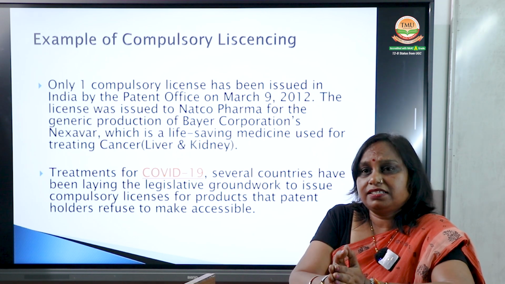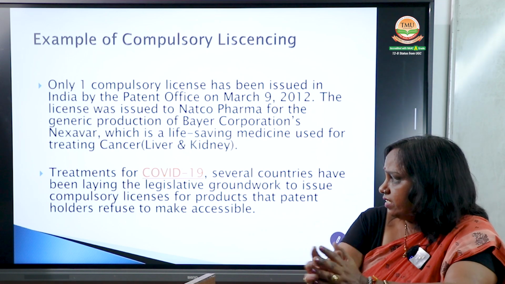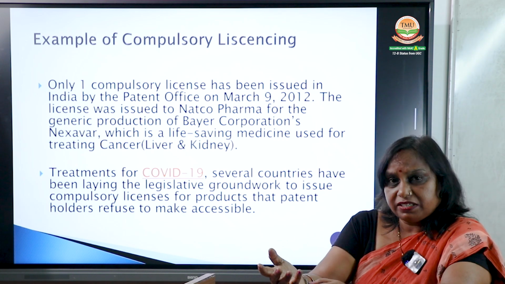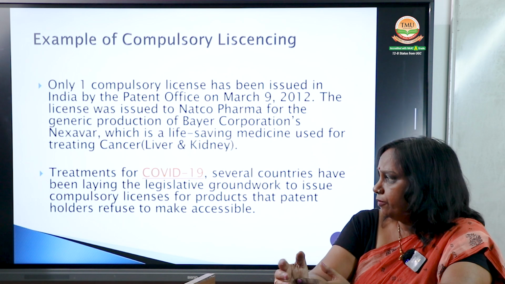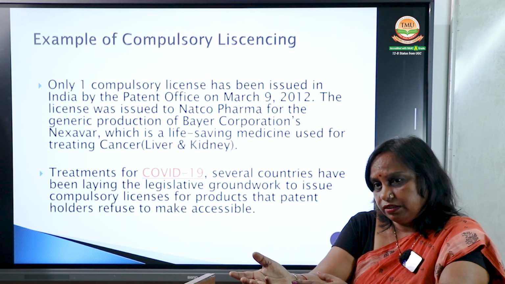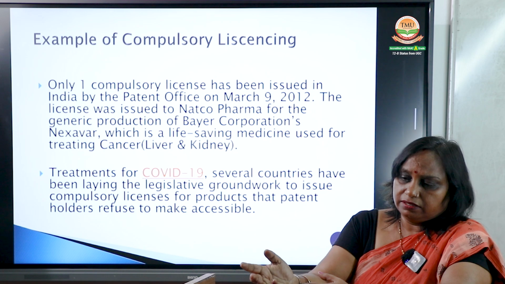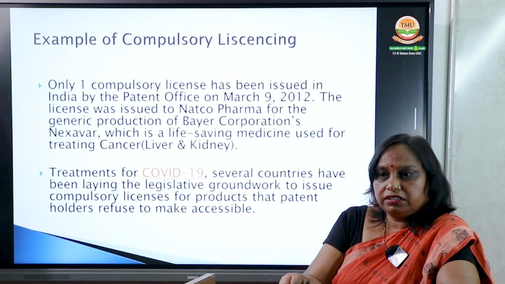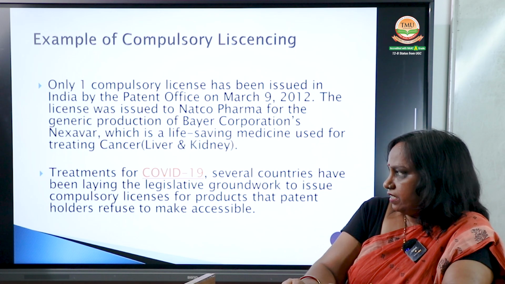So to control this pandemic, many countries have been allowing compulsory licensing, where they are not required to take permission of the patent holder. The government allows it, and the same can continue without following the general rules of patent grant.